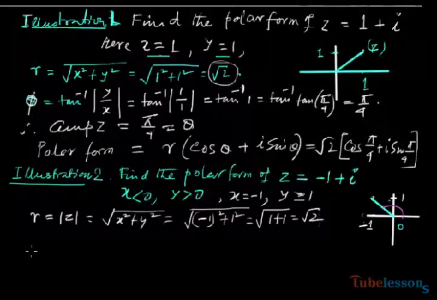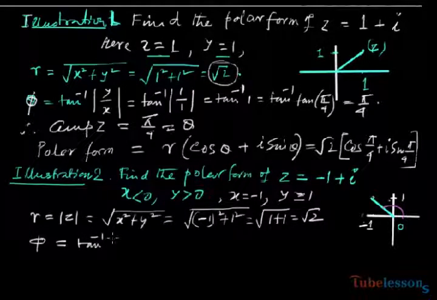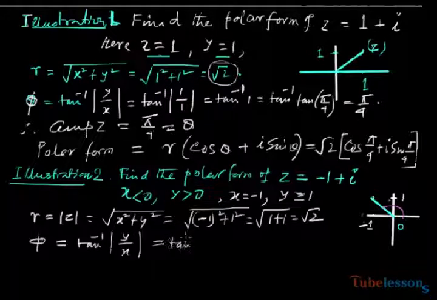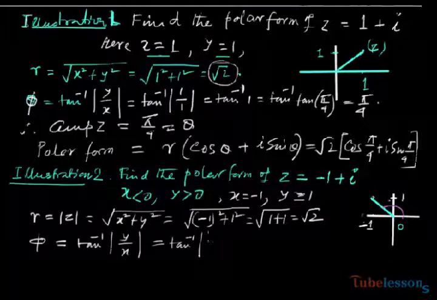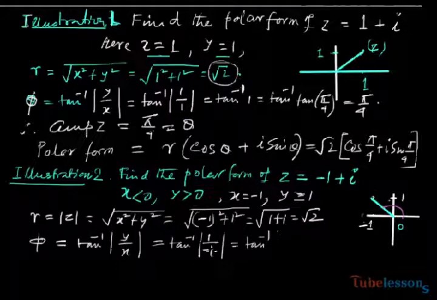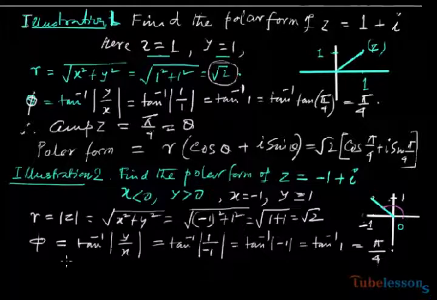Now phi is tan inverse mod y by x. Here x is minus 1, y is 1, so 1 by minus 1, tan inverse mod of minus 1 is equal to tan inverse 1, which is equal to pi by 4.